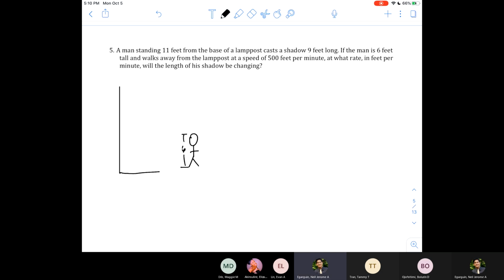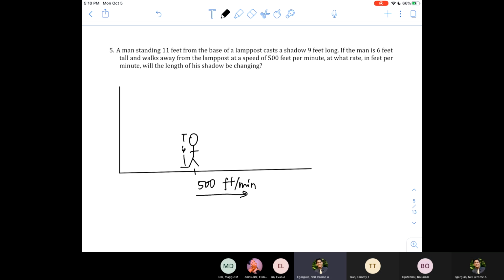That means this is the ground. Okay. So let's see. He's 11. Okay, so he's walking here away from the lamppost at a speed of 500 feet per minute. Just rewrite it.